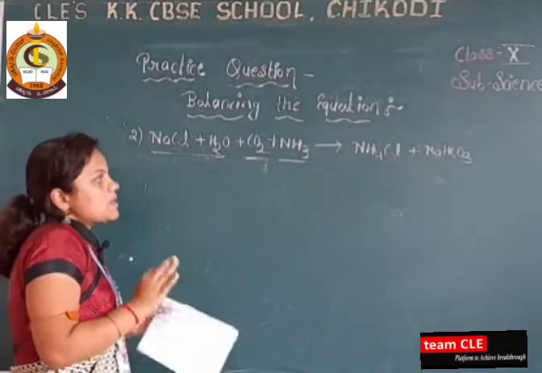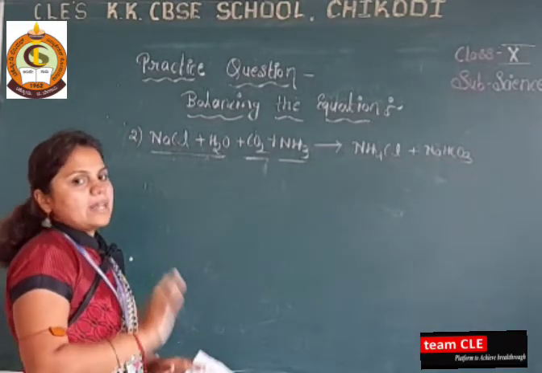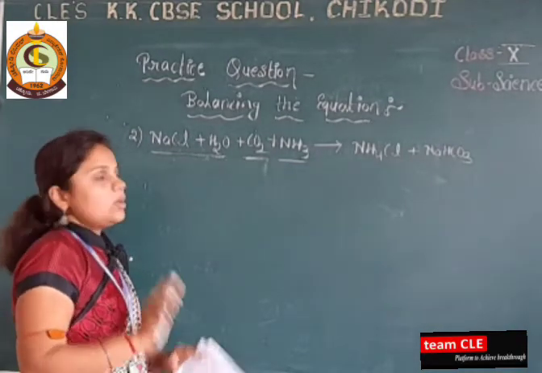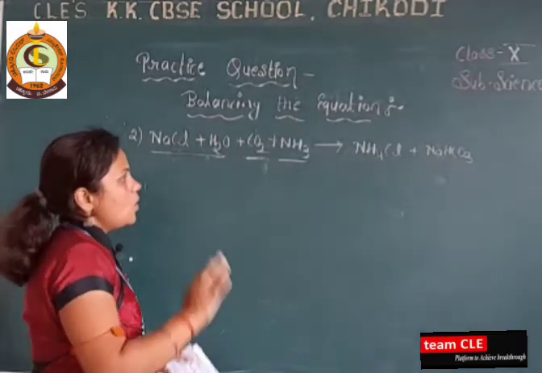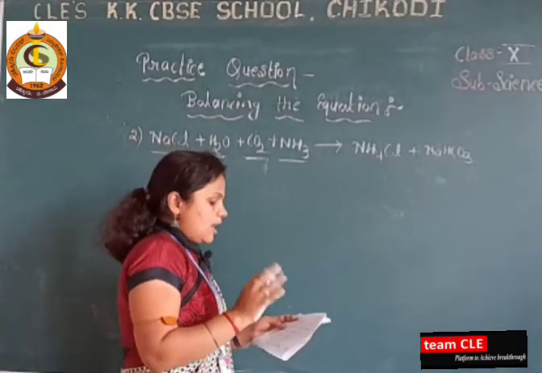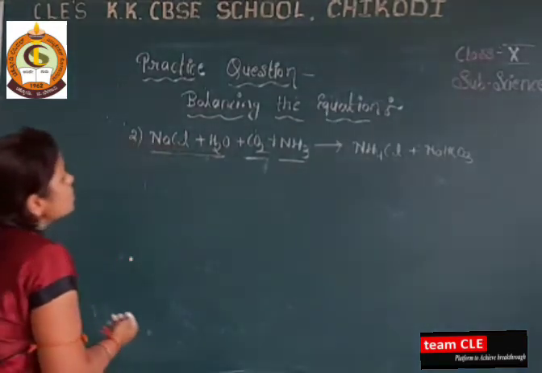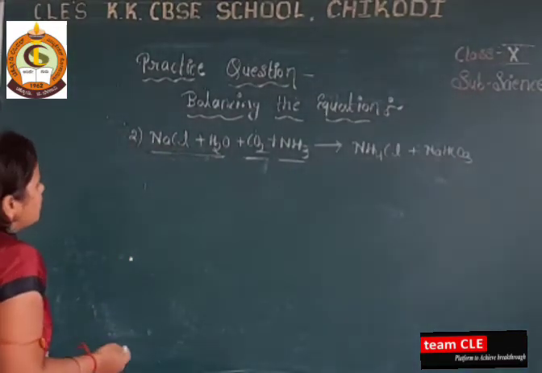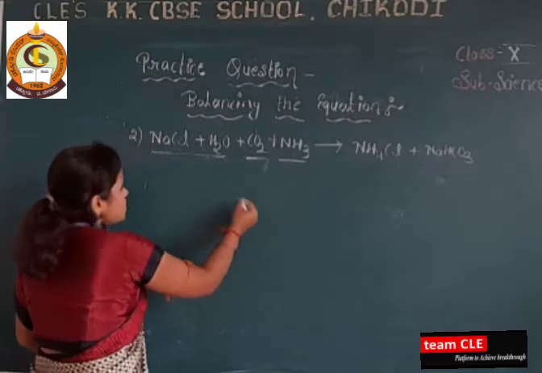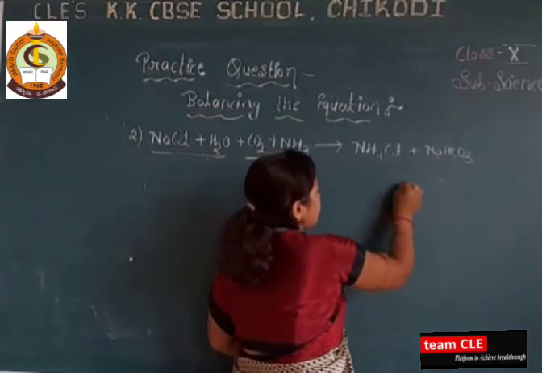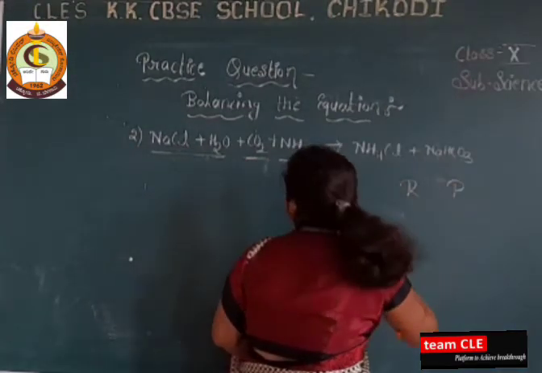Afterwards we will go for the naming. At present we have to balance the equation. Only concentrate on balancing the chemical equation. Shall we begin? Here I am writing the reactant and the product form.